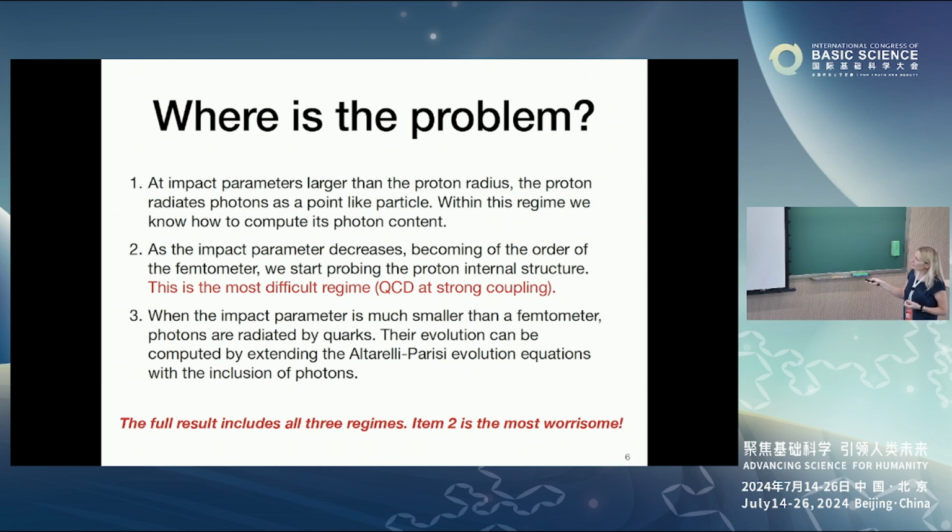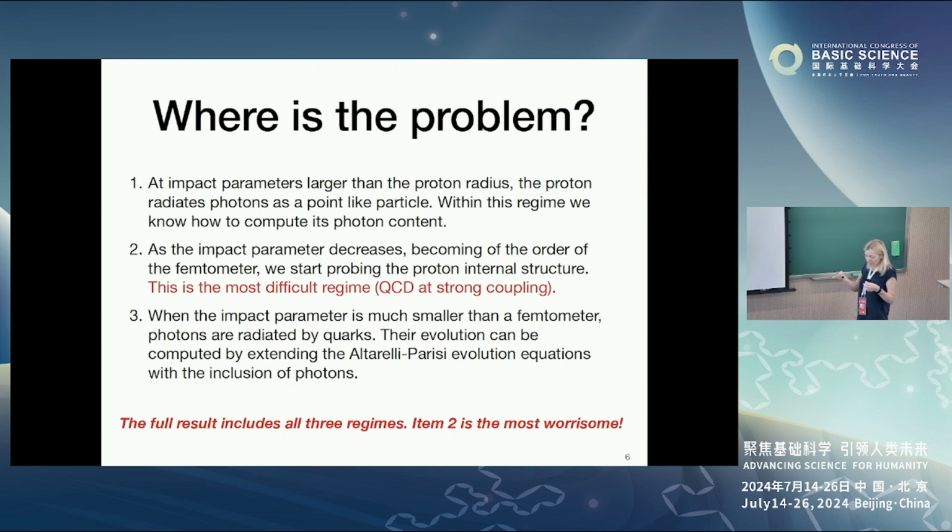It is very similar to what you have for elementary point-like particles. But when the impact parameter decreases, when you start probing the size of the proton, of the order of a femtometer, you start probing the internal structure of the proton. And this is the region where typically we can never do perturbative calculations. This is a non-perturbative regime of strong coupling.